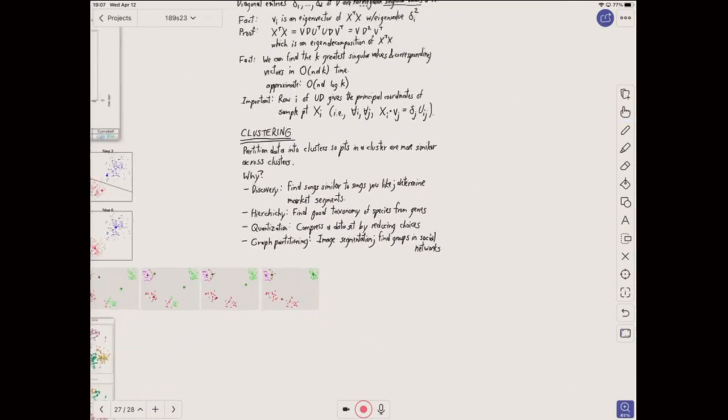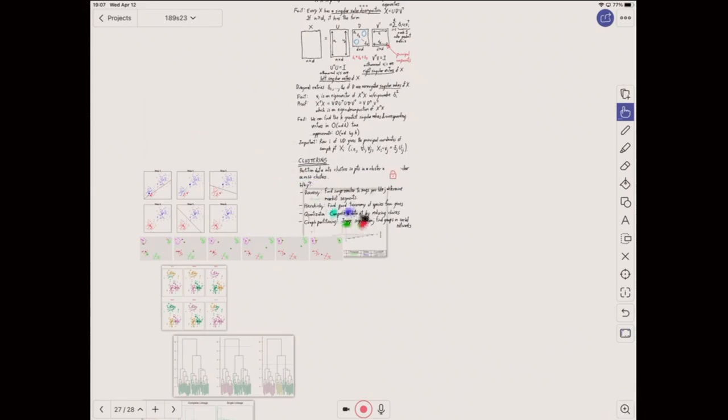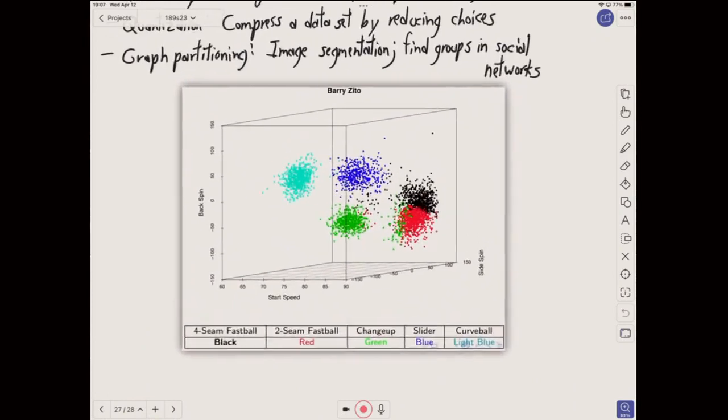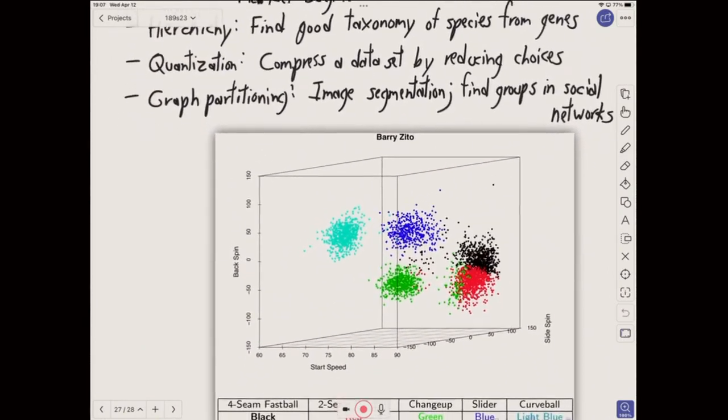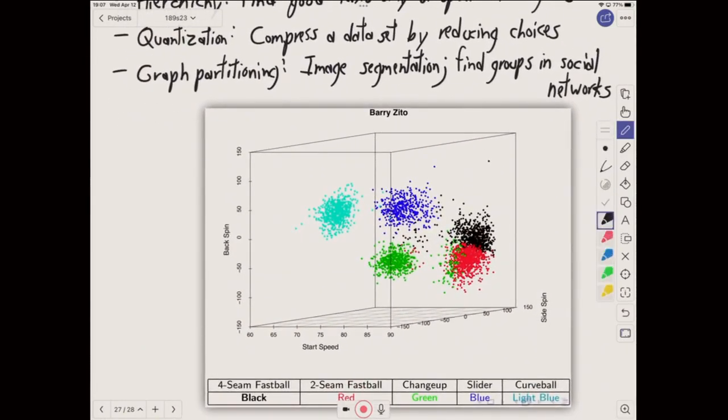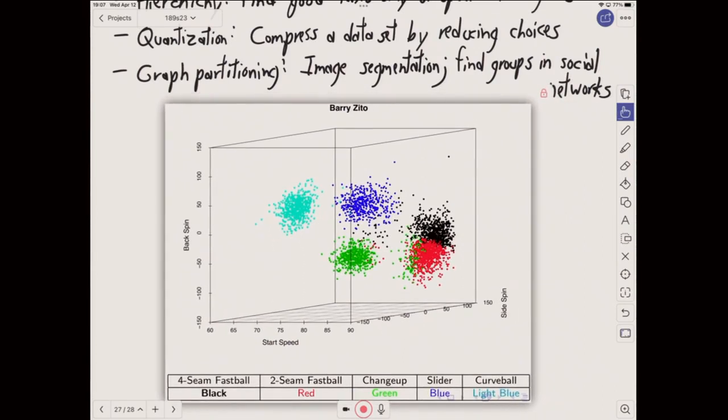So here's one example of clustering that I found on the web that I just really like. Somebody quantified baseball pitches and specifically did it with a famous player named Barry Zito. So we've got a 3D plot here that shows the starting speed of the pitch and two different kinds of spin placed on the ball when the pitch is thrown. And they've clustered these points.